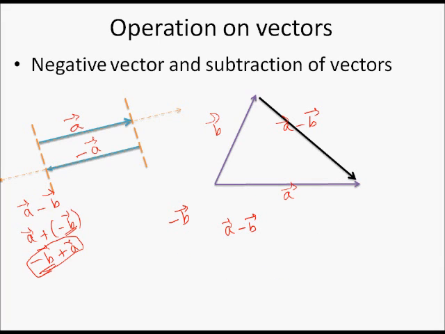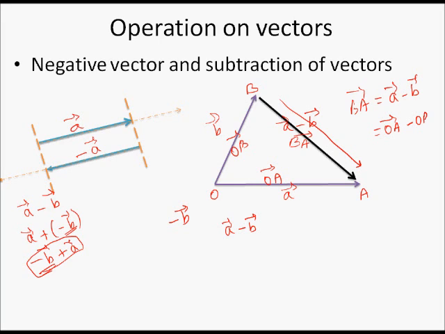If I have this as the origin, and this is a and this is b, then a minus b is actually BA, and a can be written as OA and b as OB. So BA, which is a minus b, is nothing but OA minus OB, where OA and OB are the position vectors.